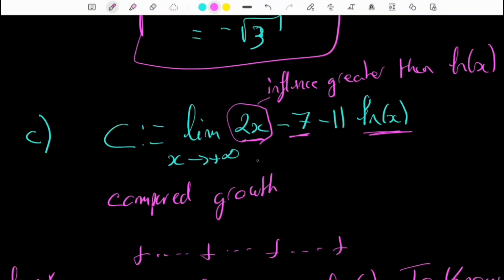So this plus infinity will be greater than this minus infinity.